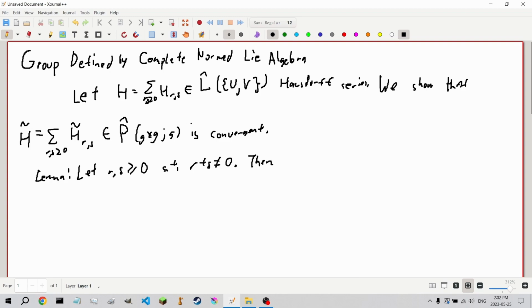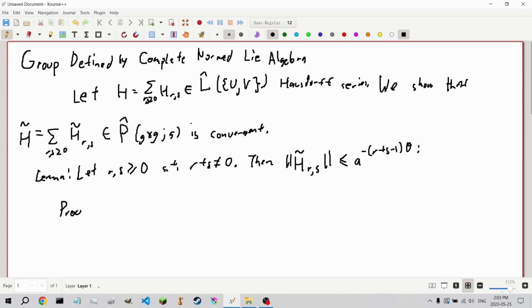Then we have that the norm of H tilde of R, S as a continuous polynomial is bounded by our A from our metric to the power of minus R plus S minus 1 times theta.